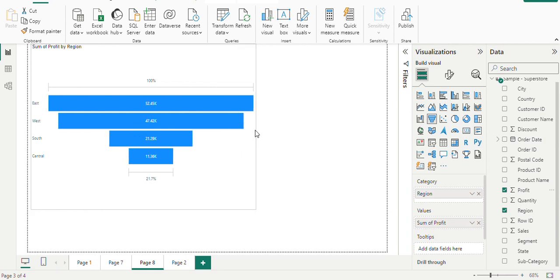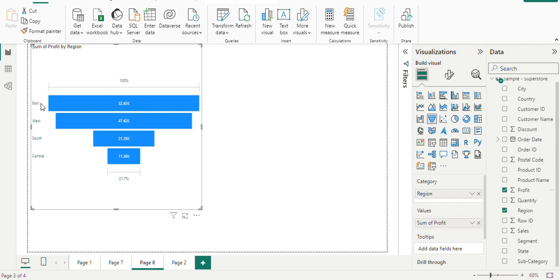So from looking at this chart itself, we can see east has the maximum amount of profit, west is in the second category, south is third, central. No need to explain anything. The picture itself says which region has the highest profit, which region has the lowest profit, and how it works.